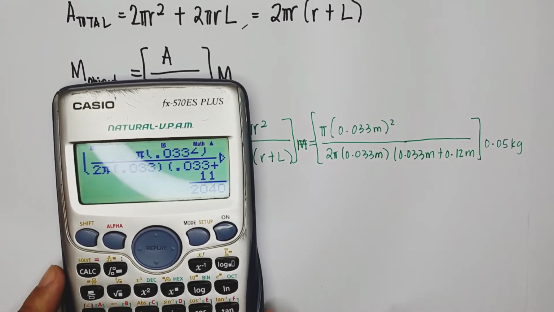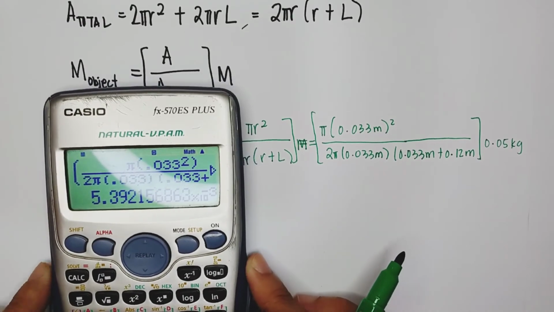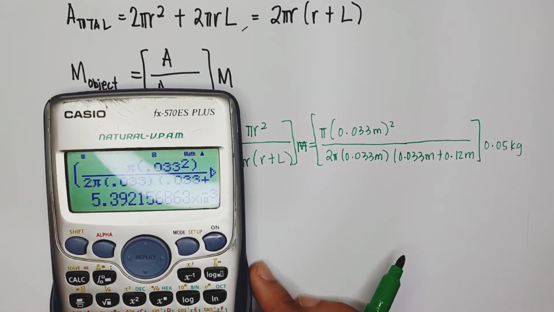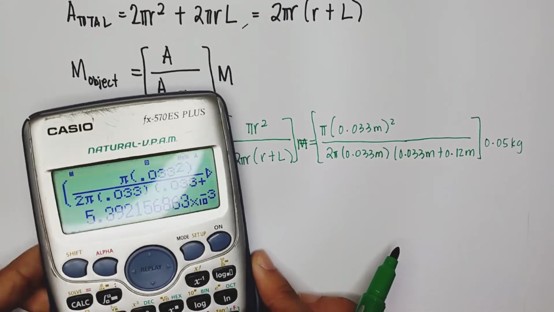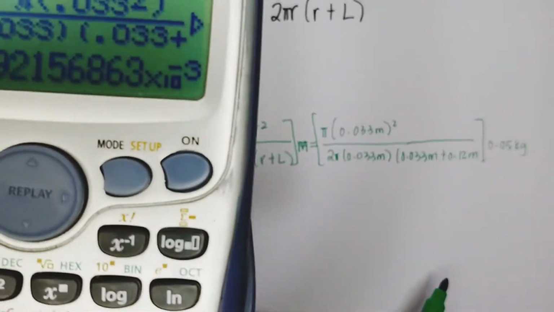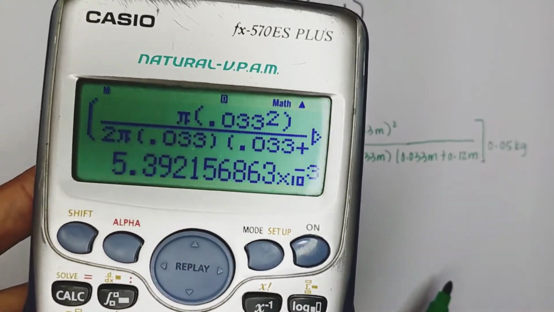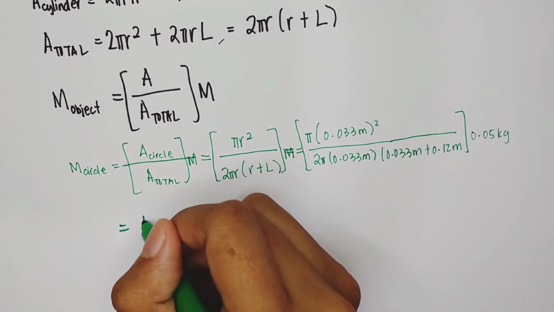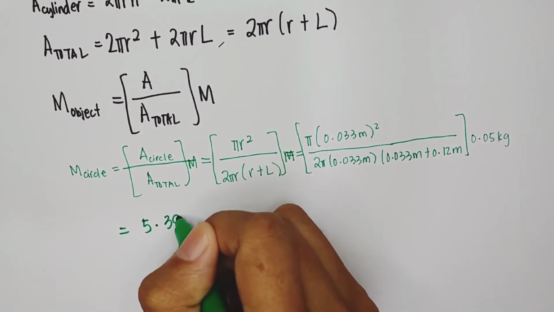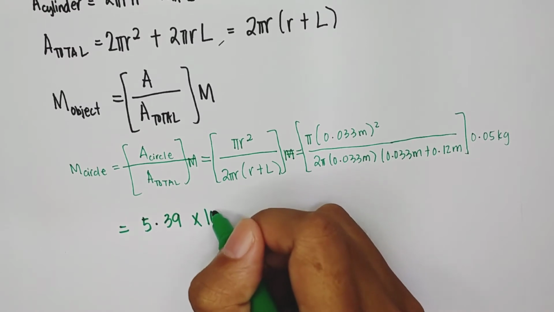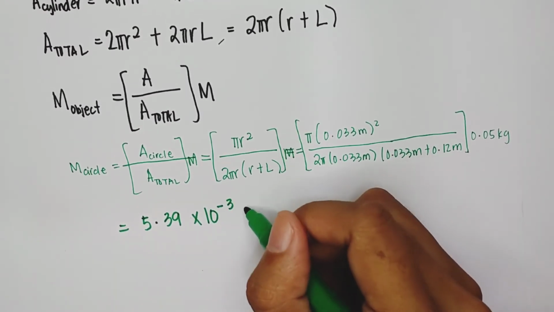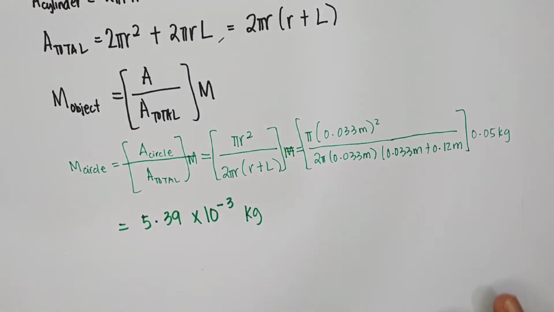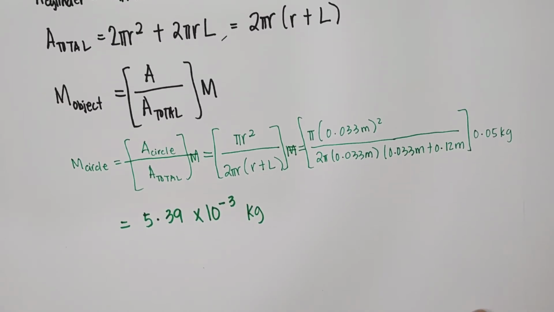That is equal to 5.39, converting to two decimal places, 5.39 times 10 to the negative 3 kilogram. So that is the mass of our circle.